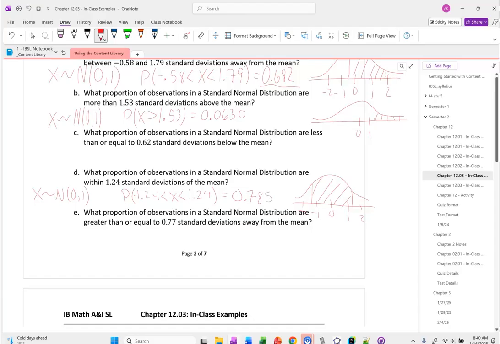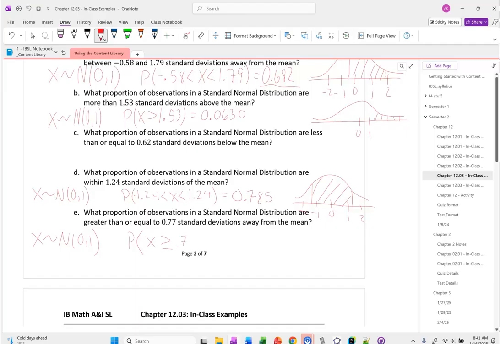Okay. Henry, you want to do E? Start with X. Go to the line after. Yep. And then P(X is greater than 2.77 or less than 8. Can you flip it?